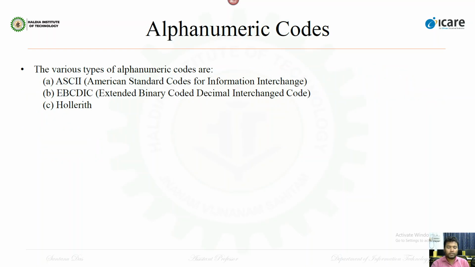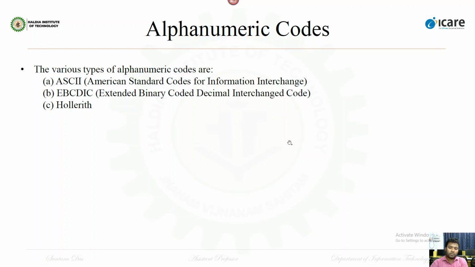Then the alphanumeric codes. Alphanumeric codes are of various types such as ASCII, EBCDIC, and Unicode. As the name says, I think you already know the full forms. ASCII's full form is American Standard Code for Information Interchange, and EBCDIC is Extended Binary Coded Decimal Interchange Code.